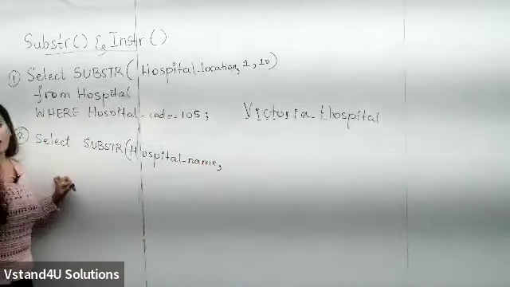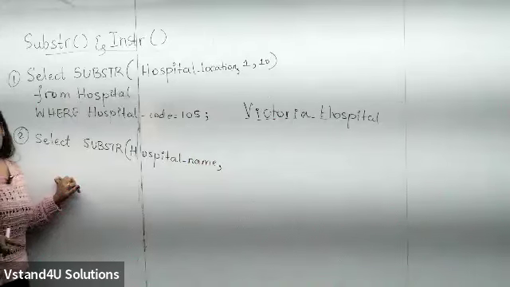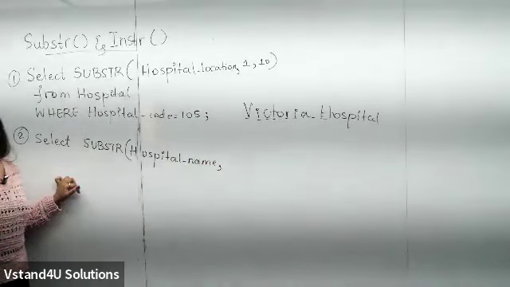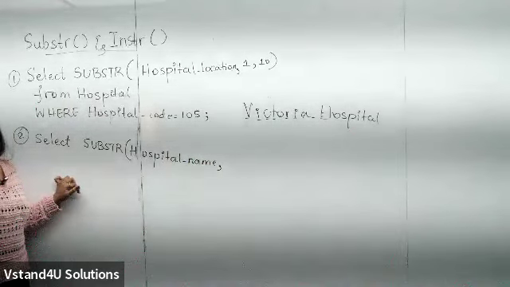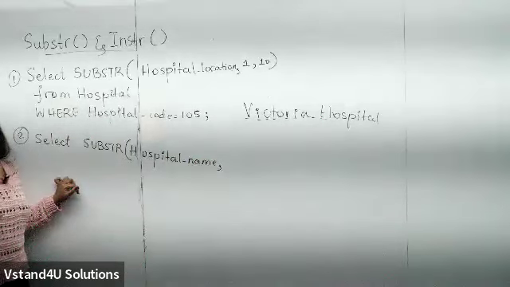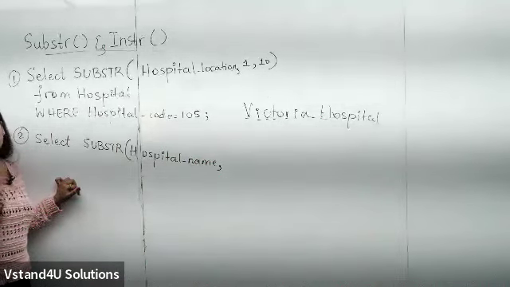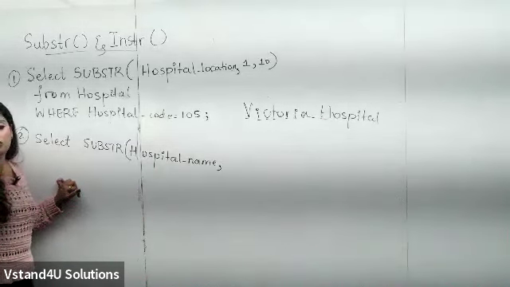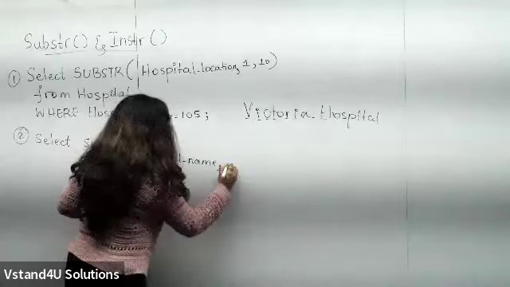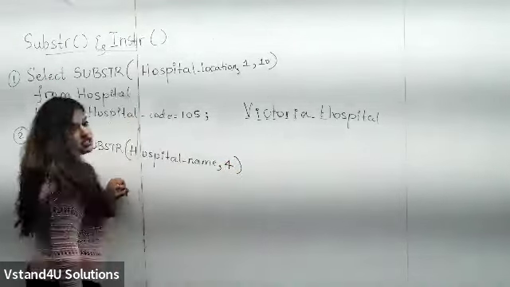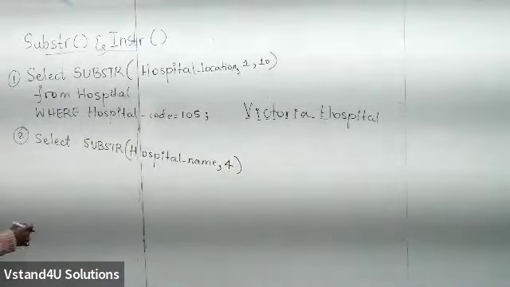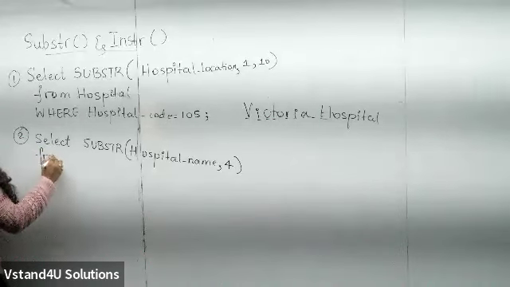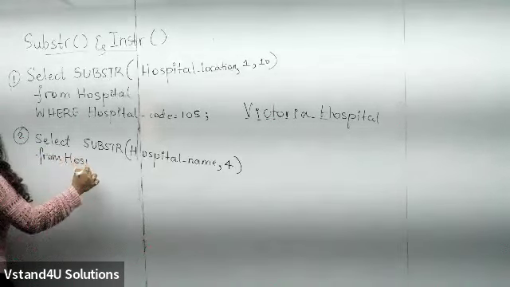Now, they are not telling you first 4 characters or last 4 characters. They are just telling you 4 characters, from the 4th character. It is the same. So I will just mention 4. From which table? From the table called hospital.